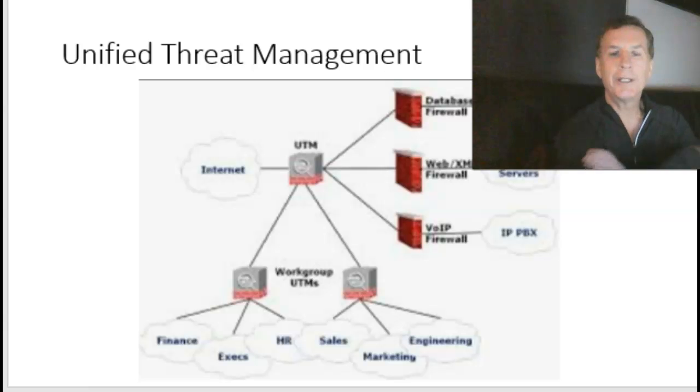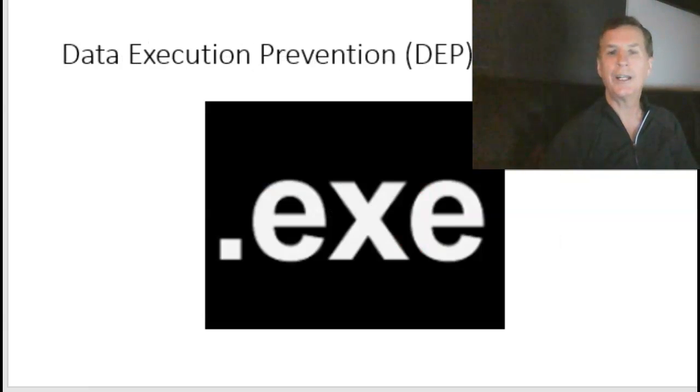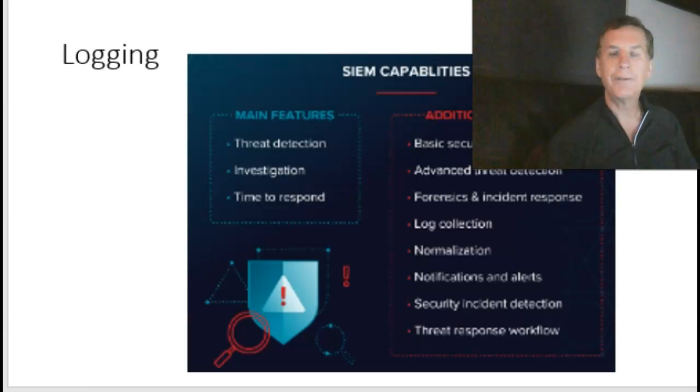Unified threat management is also a capability. You can look that up online, but it incorporates a lot of features, including next-gen antivirus. I already mentioned data execution prevention, which are executables. Feel free to look that up, and logging, all flows there.